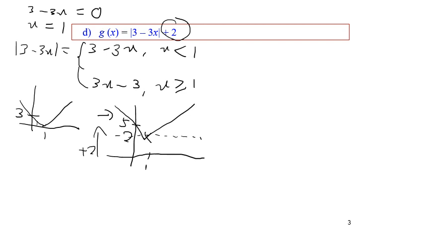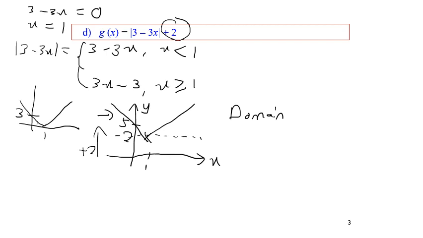So make sure you sketch your graph properly, and don't forget to label the y and x-axis. So this is the graph that we get, and from here we can obtain the domain and range easily.